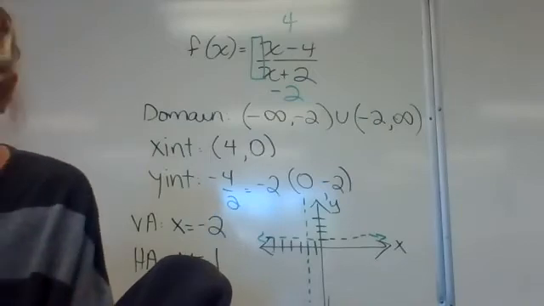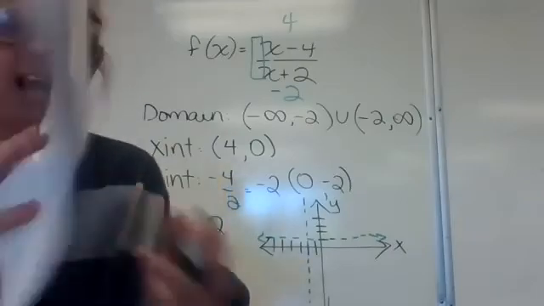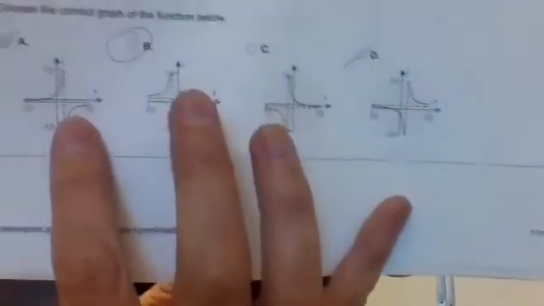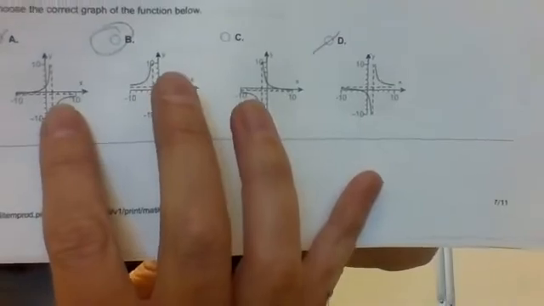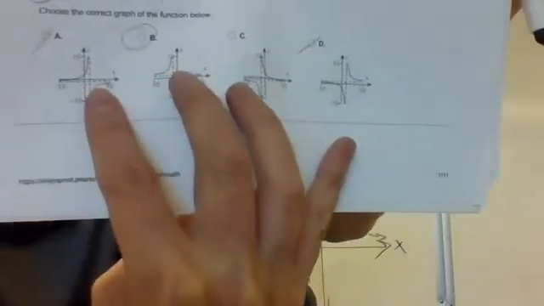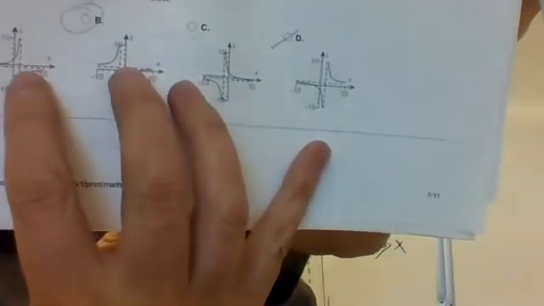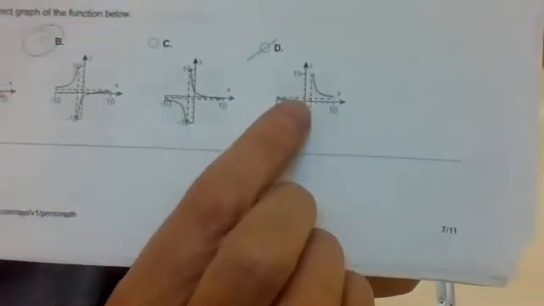So it looks like A and D are knocked out because of their vertical asymptote. They're both at +2 instead of -2, right? This one's at +2 and that one's at +2.